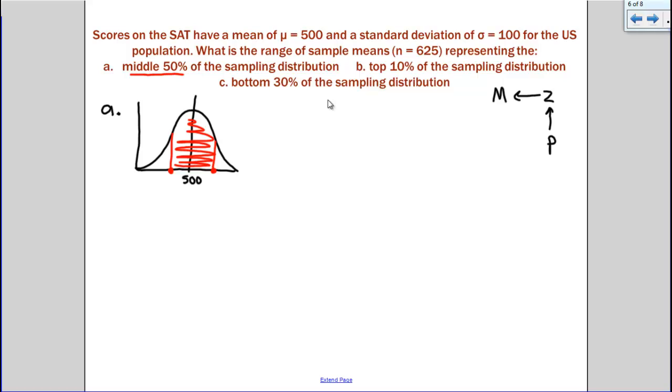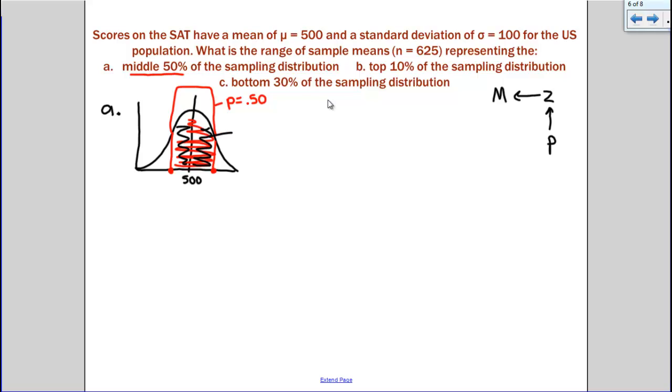There's a ton of ways that you could use the table to figure this out. I'm going to show you the easiest way, which is to use the mean to z column. So if this represents the middle 50%, this is equal to p equals 0.50, right? Well, if I'm going to use the mean to z column, I need to split this up so that I have what's here and then what's here.